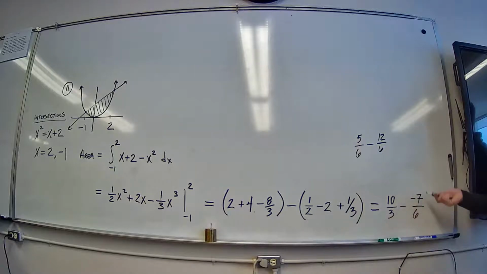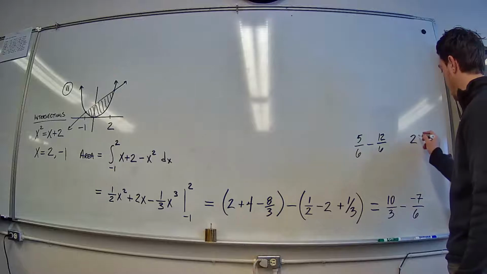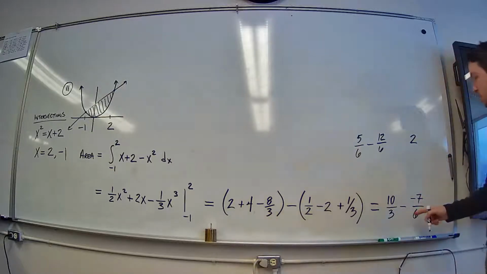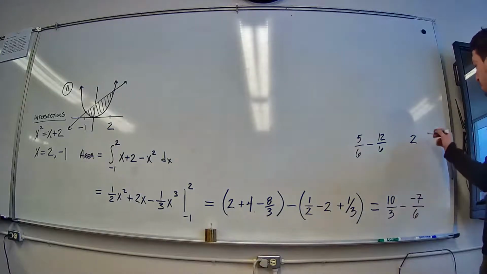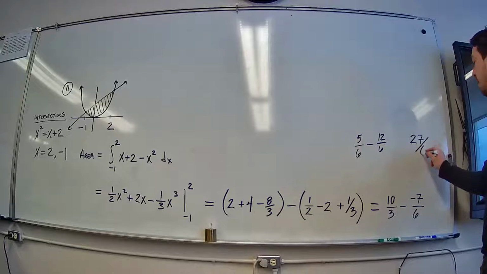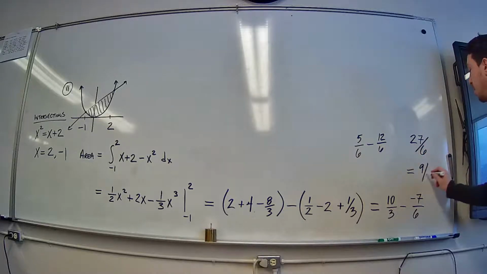10/3 plus 7/6 would be, is it minus 7? Well, it's plus, right? Because we're going minus a negative. Is that right? Did I have that right? Yeah. So 27/6, and those are both divisible by 3.